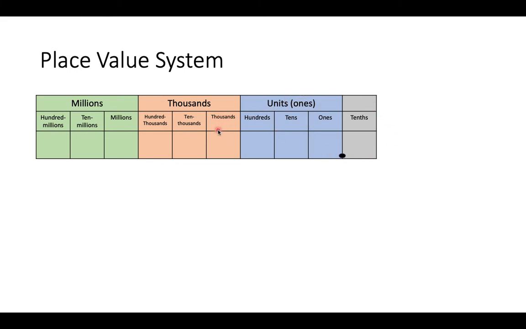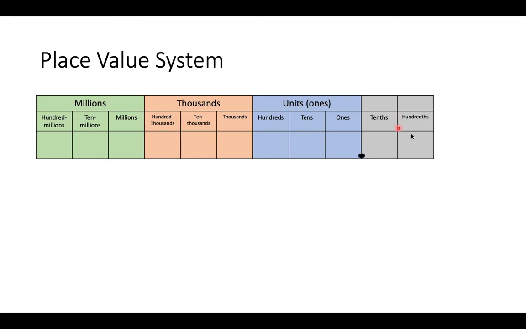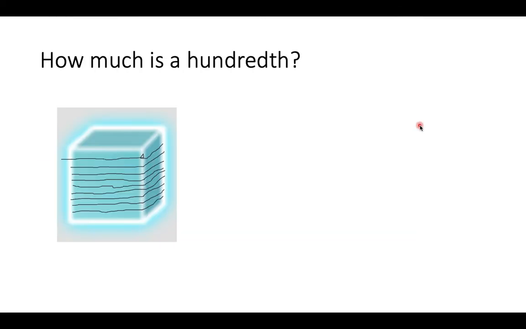Once we get to thousands, it's getting too big. I can't show you on my computer screen. Millions, forget about it. There's no way. So hundreds, tens, ones, tenths. I'm going to try and show you hundredths, which is next. And that's even getting pretty challenging, but I'm going to try.